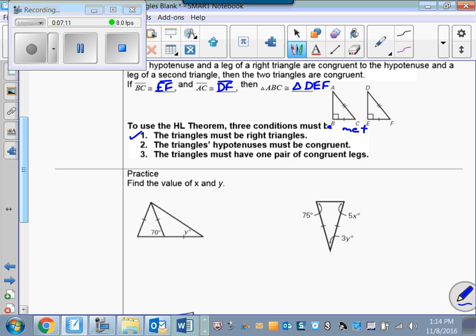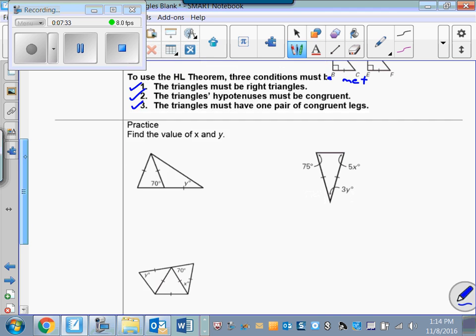So in your proof, before you use this theorem, you're going to have a statement somewhere that says your triangles are right triangles. The triangles' hypotenuses have to be congruent. The triangles must have one pair of congruent legs. So before you can use the HL theorem, you're probably going to have those three steps somewhere in your proof.